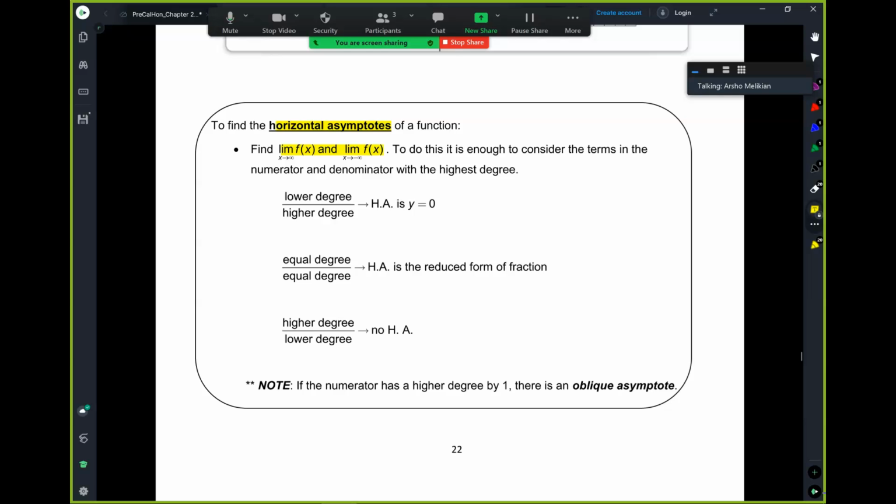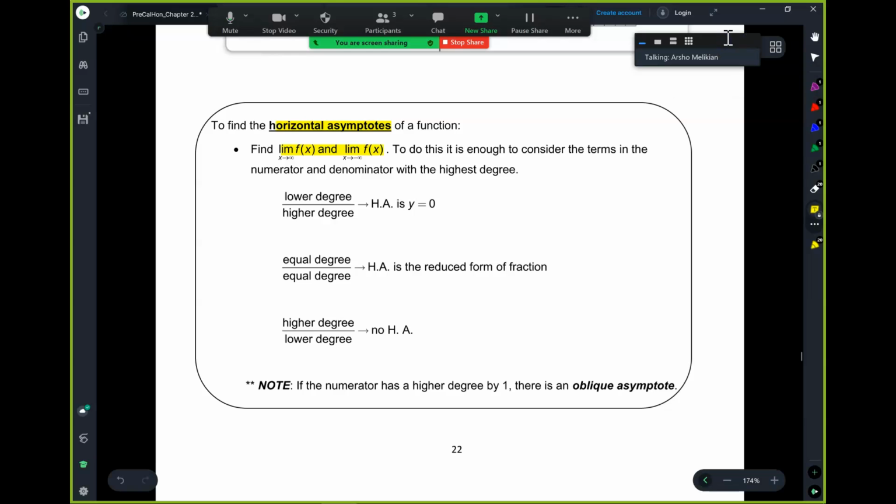All right, so to find this, remember how to find end behavior, all we had to do was look at the term with the highest exponent, the highest degree. Remember that? So here too, it's the same thing. All you have to do is look at the term with the highest degree on the top and the term with the highest degree on the bottom. Okay? So once you do that, if there is a lower degree on top and a higher degree on the bottom, then immediately you can say the horizontal asymptote is y equals 0.